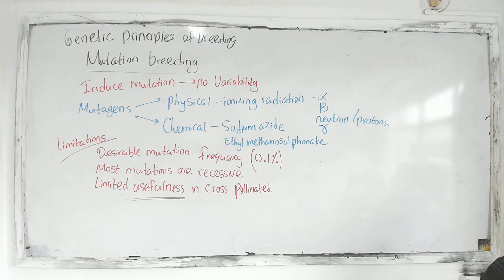Then write down the limitations. Desirable mutations are found at a very low frequency. Then most mutations behave in a recessive fashion.